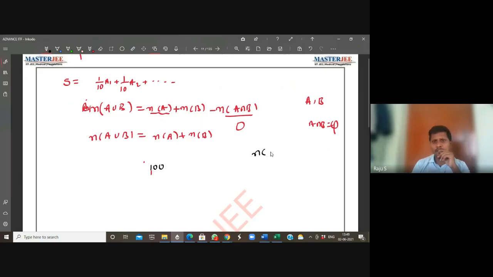n of A union B, based on the question, is lesser than or equal to n of U, the universal set. n of U is always 100%. Yes or no?